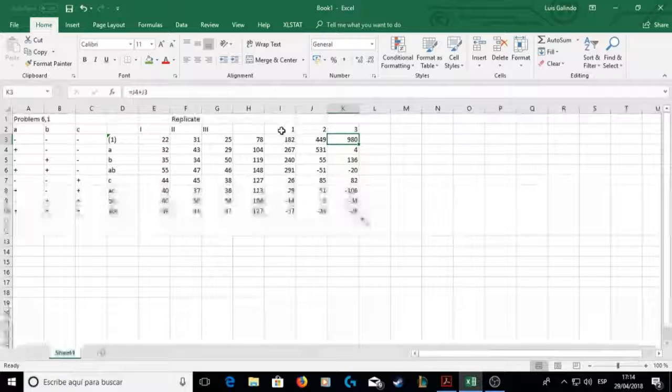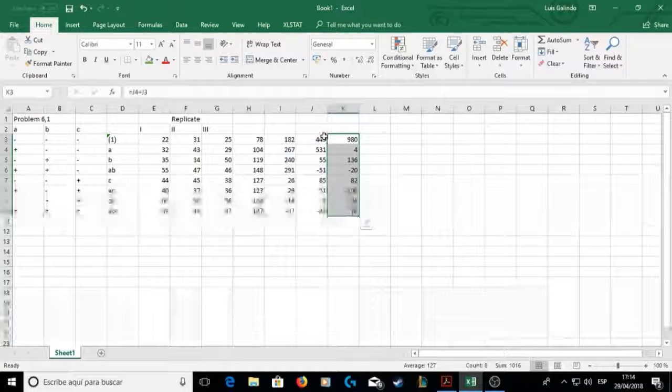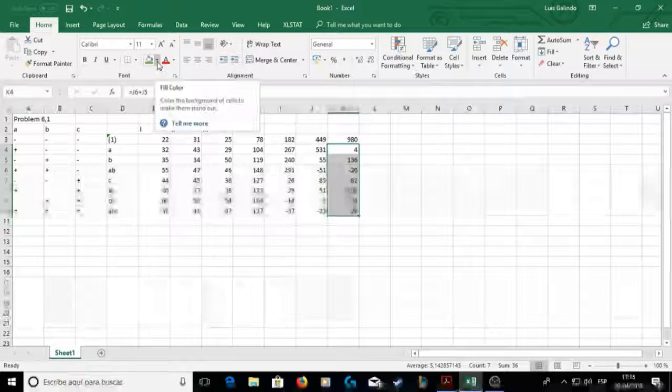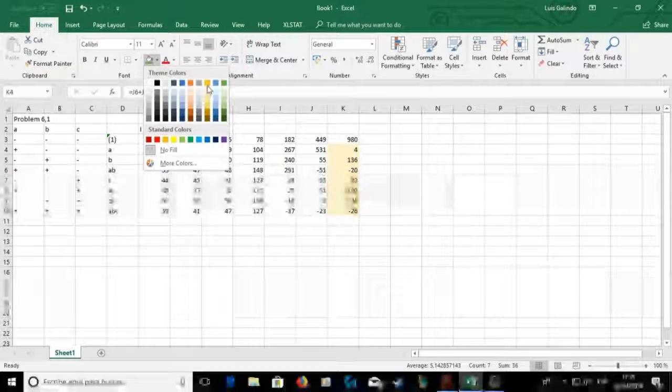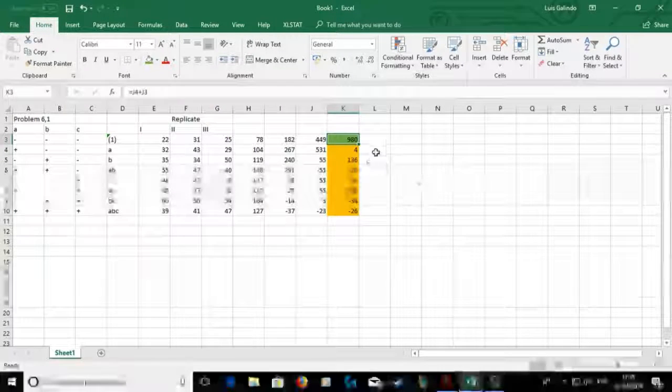I am going to change the color of this column to indicate that this is our contrasts. I'm going to make it yellow, and this one I'm going to make green because this is our total sum.